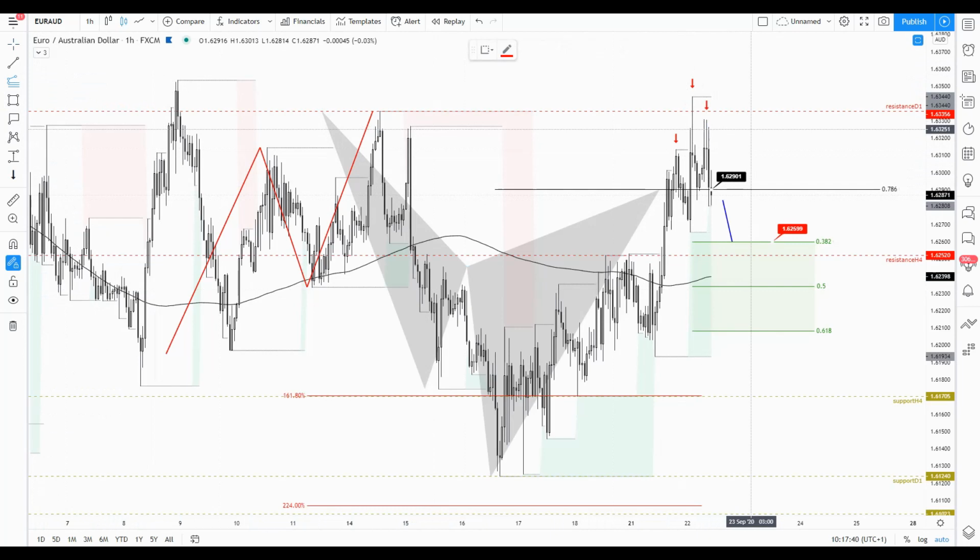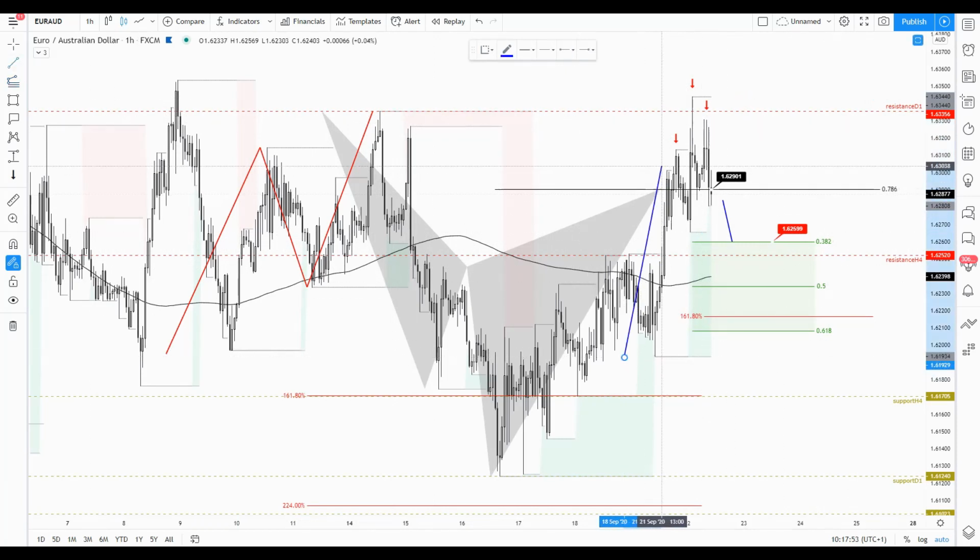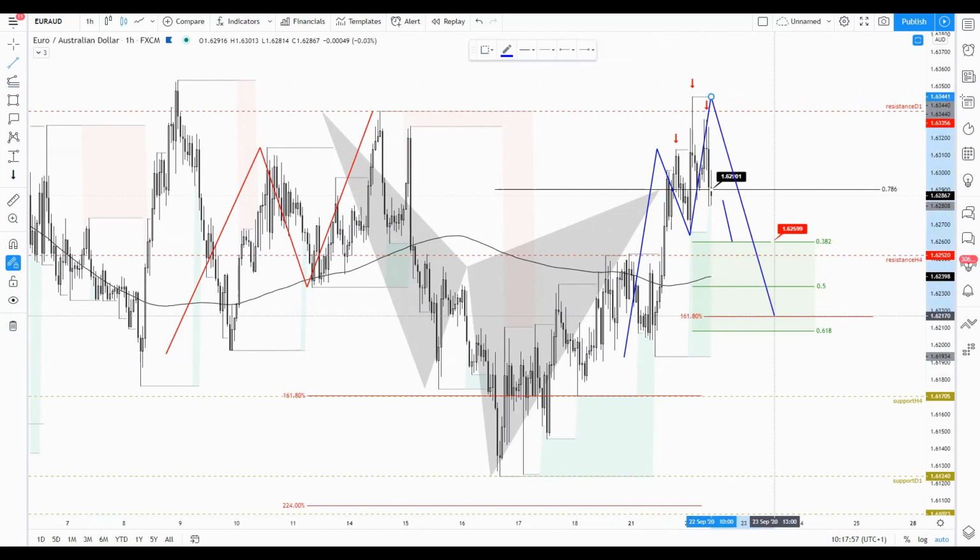Let's start to project patterns below. So since we have a false breakout above, as I said before, after a false breakout, we search for an extension below, and we will search for the potential shark pattern again, the golden Fibonacci extension projected at 162.16.